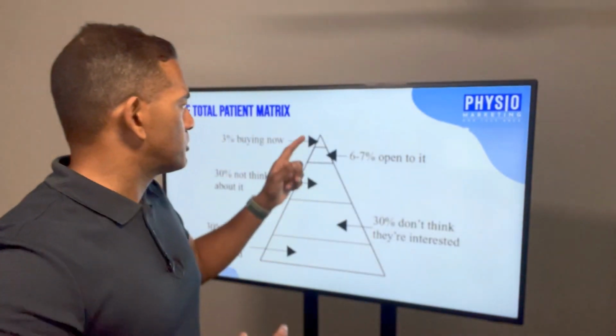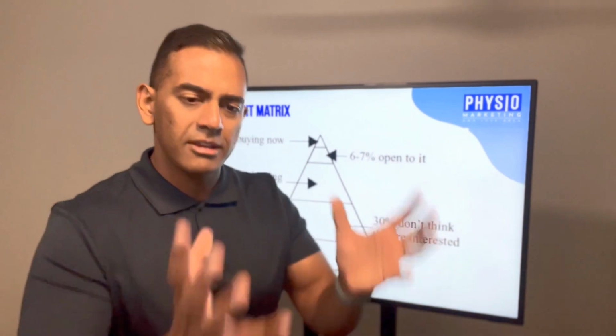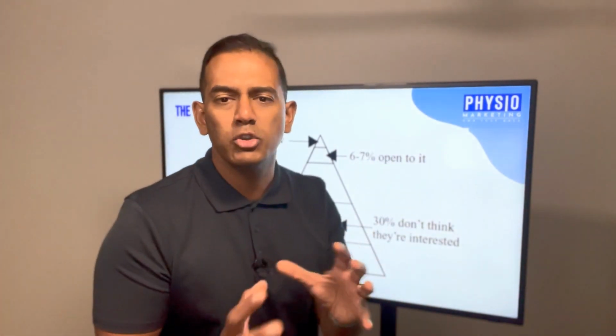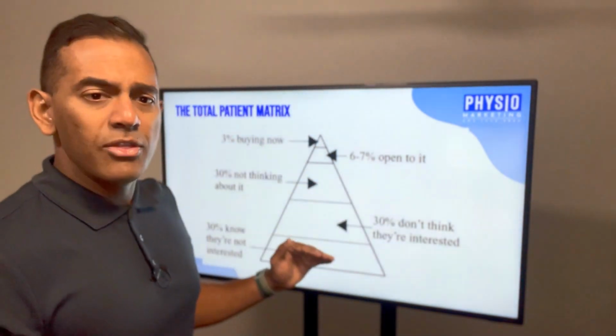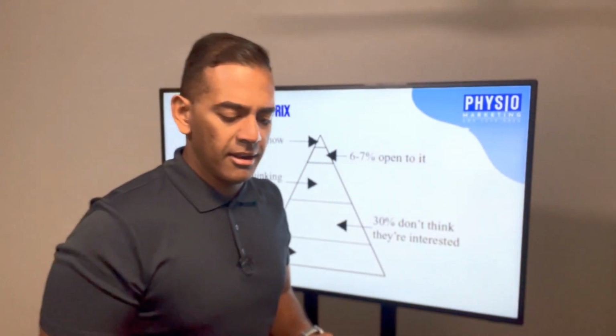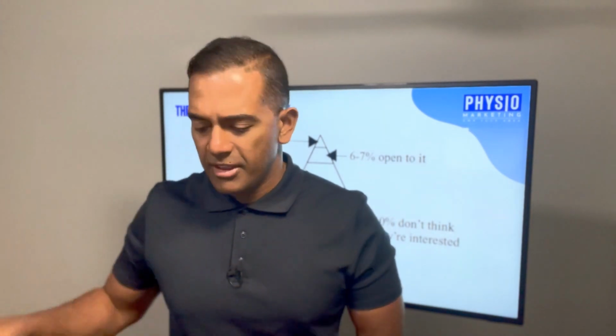If you add up the top two, the people who are the biggest value, there's about 9 to 10% of the market who are either looking for you straight away or typing research queries into Google. And the 30% underneath that are not thinking about it, but they have a problem. They have lower back pain, but it hasn't got to the point where they really need to think about it. They just dismiss it and put it aside. But they have an issue.